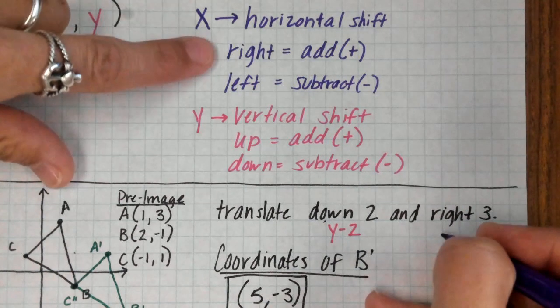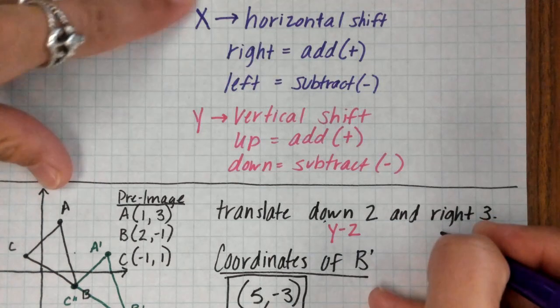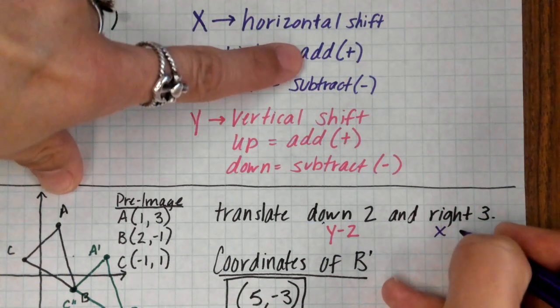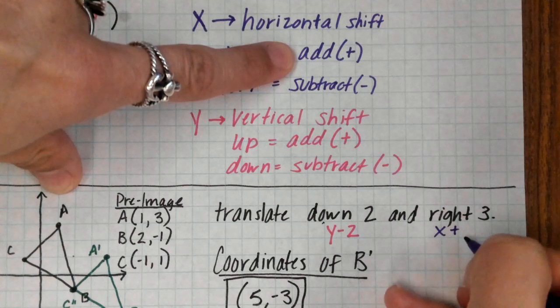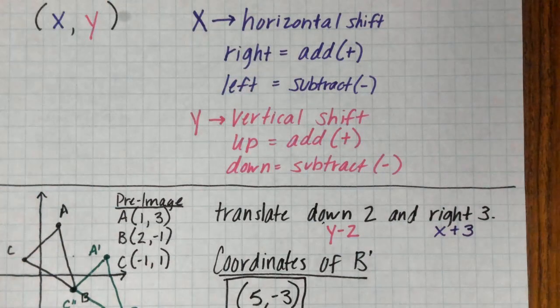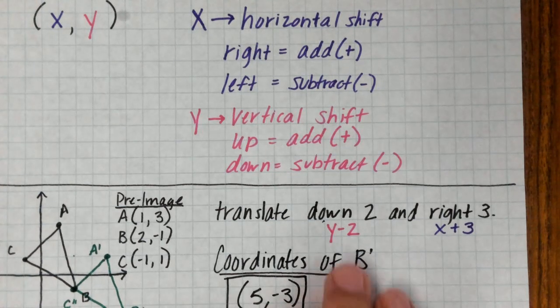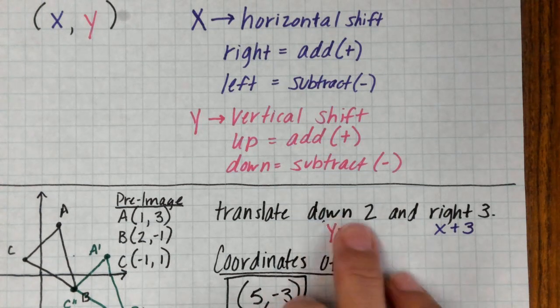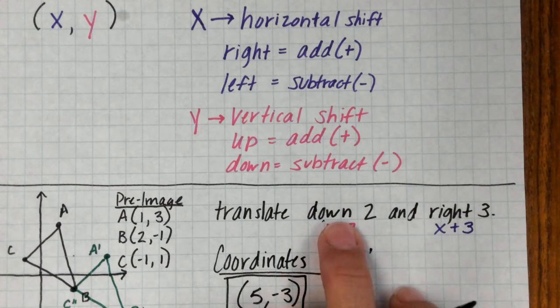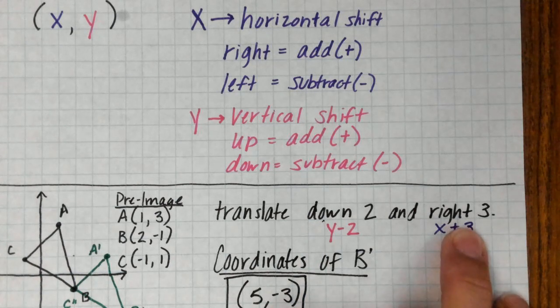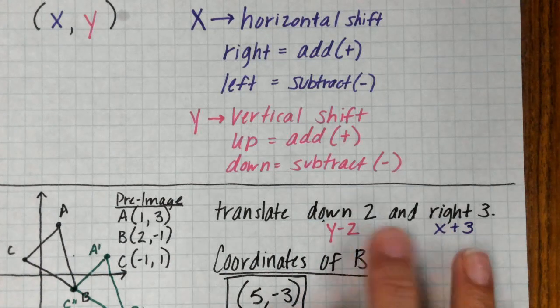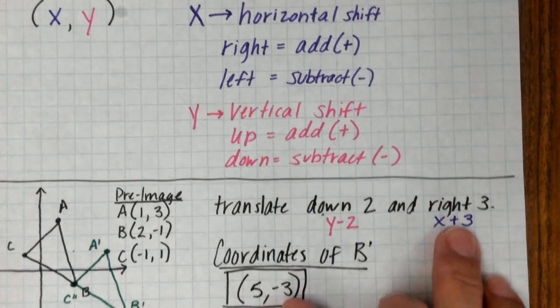So right is going to mean we're going to take that X coordinate and we're going to add that 3. So when you write your rule, the reason I wrote it down first and then right is because they'll do this with their words sometimes and ask you to write the rule. Notice that the Y shift, our vertical shift, happened first, was written first, and then our horizontal. But whenever we write the rule, we need to remember that X always comes first.